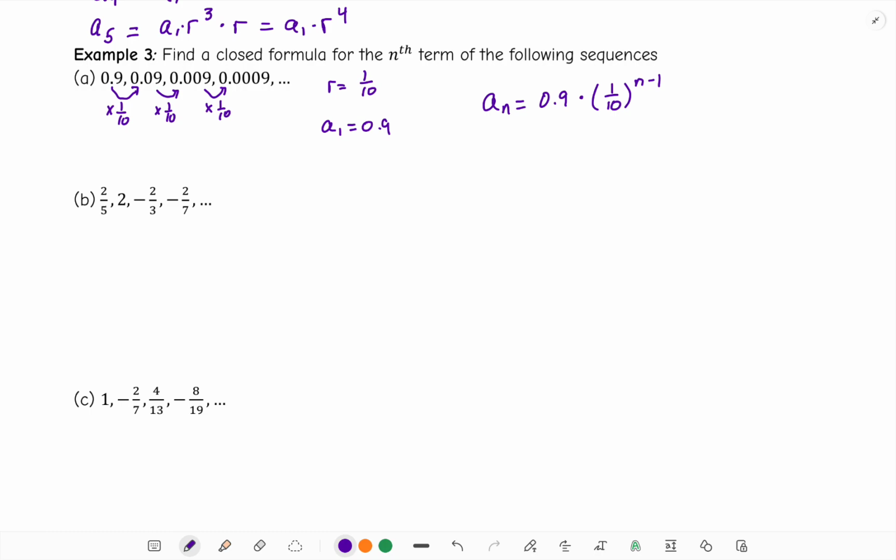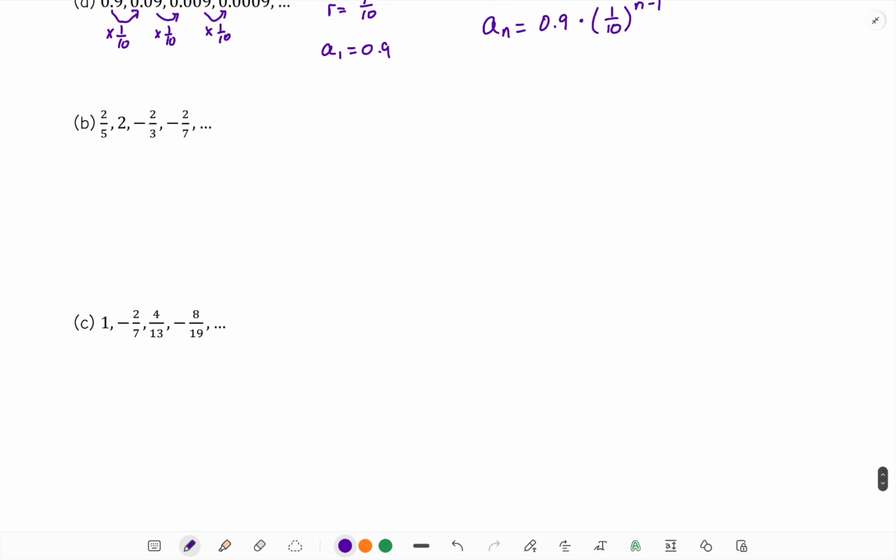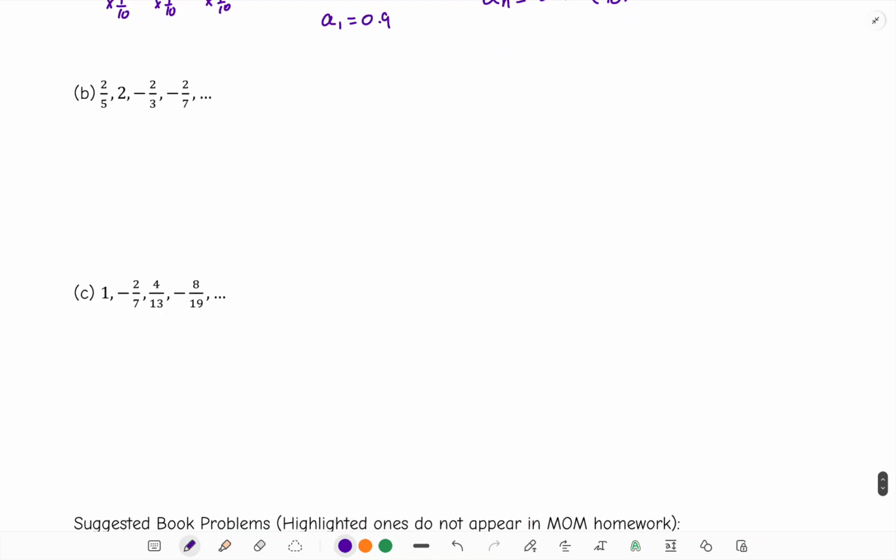So if it is purely geometric or purely arithmetic, to come up with the closed form is pretty easy. But a lot of times, as you're going to see in B and C, we're going to have sequences that are not purely arithmetic or not purely geometric. For example, if you want to pause the video, try to see if you can multiply by some number for B or add some number for B. And then you'll notice you can't.